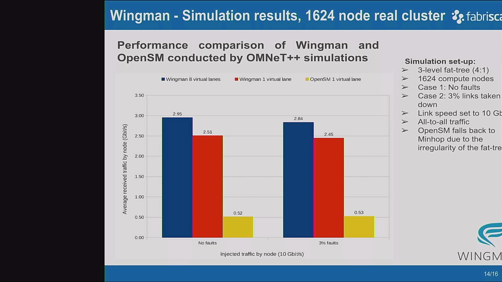A slightly bigger machine, 1,600 nodes, that actually is a very bad configuration, but this is a real computer used by one of our customers. And the reason why it's extremely poor performance here is that for certain non-optimal fat tree configuration, OpenSM defaults to min-hop routing. Of course, that's not a fair comparison.